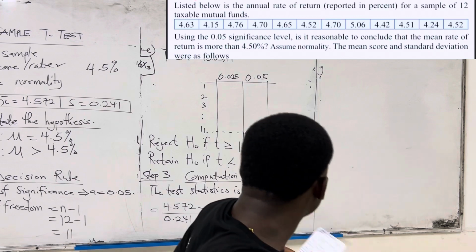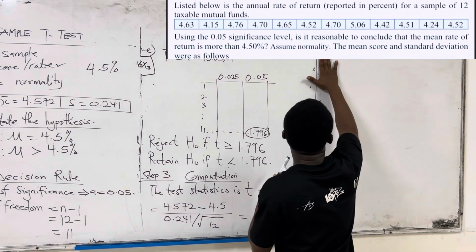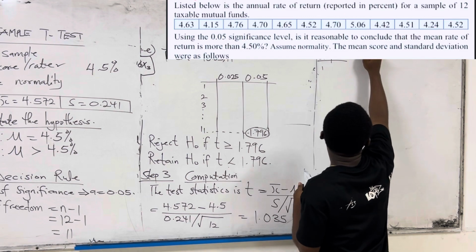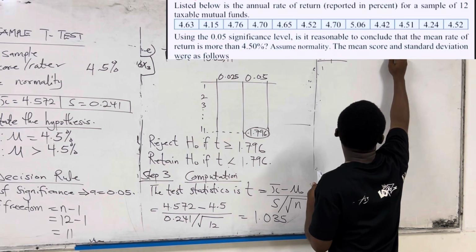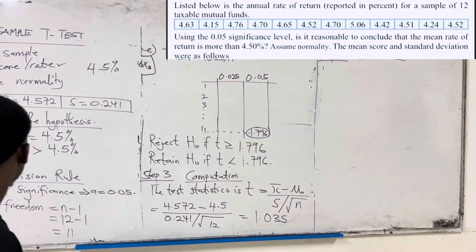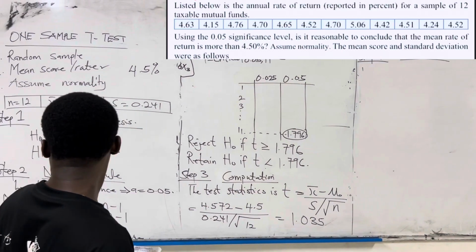The next thing that we have to do is to make a decision. So step 4, decision. We have our decision rule.